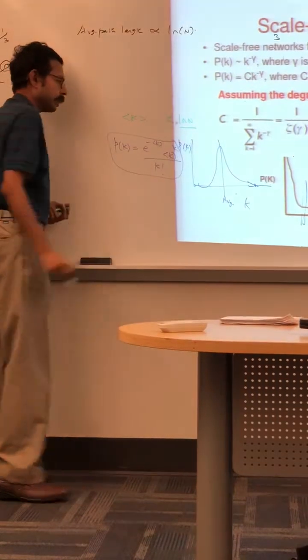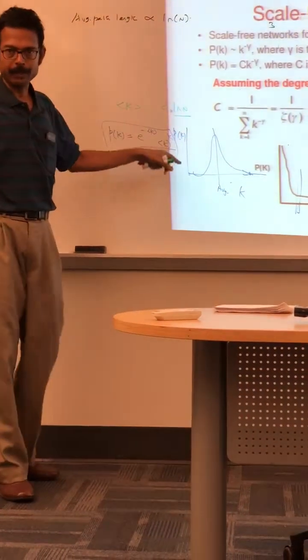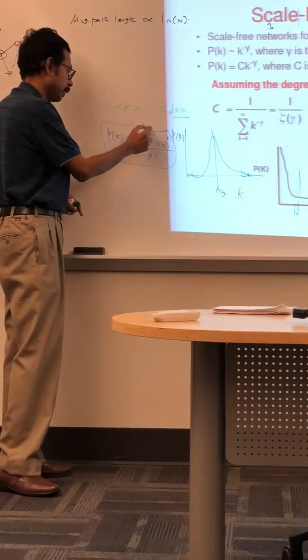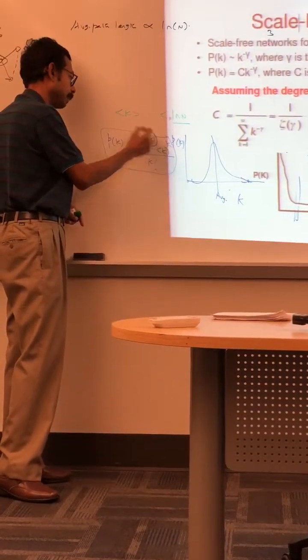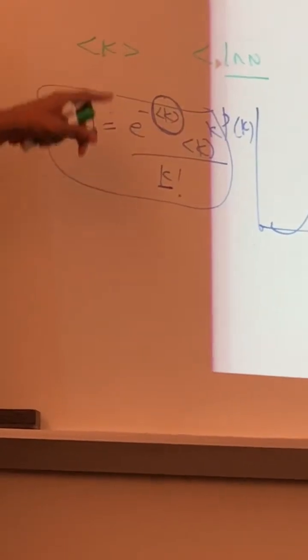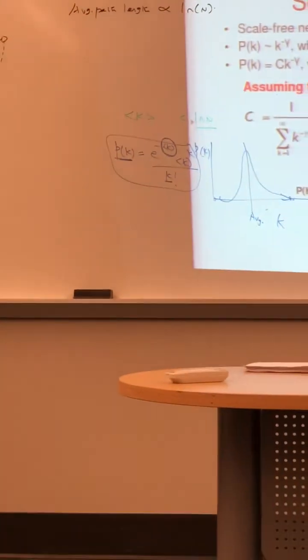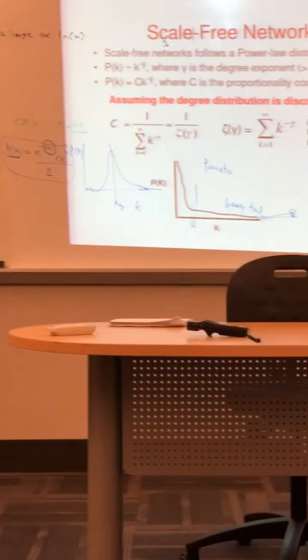Using the k values and the average degree, you can generate the P of k values. If you know the average degree expected in a random network, for different k values, you can generate the P of k values. We saw that previously. Now we are going to see how to generate the P of k values using the scale-free network model.